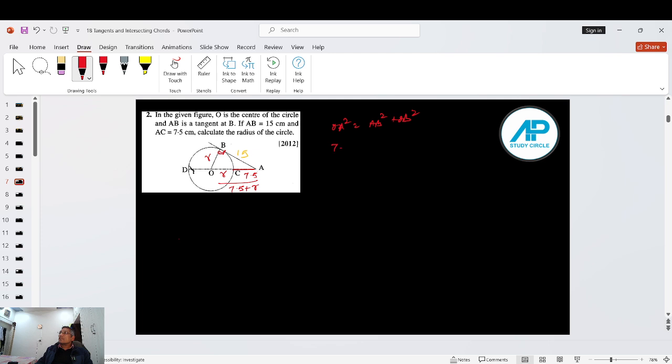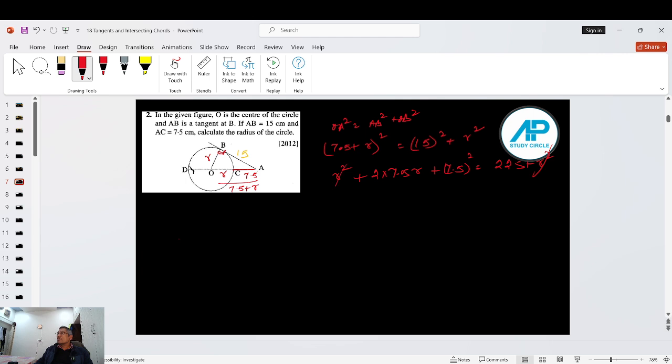That gives me (7.5 plus R) whole square equals 15 square plus R square. You open it up and solve it further, and that would give you the value of R. From here you get R square plus twice of 7.5 into R plus 7.5 whole square equals 225 plus R square.